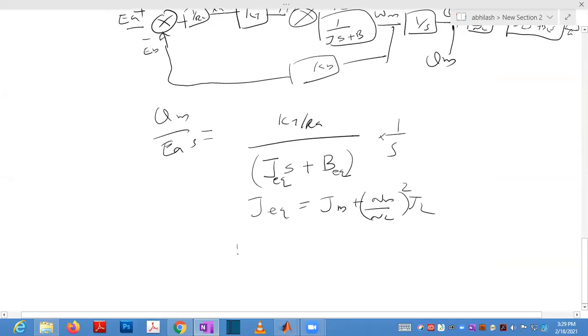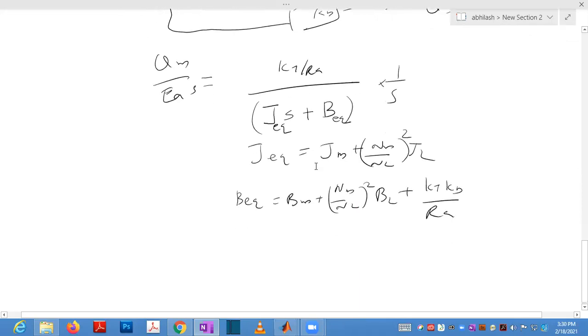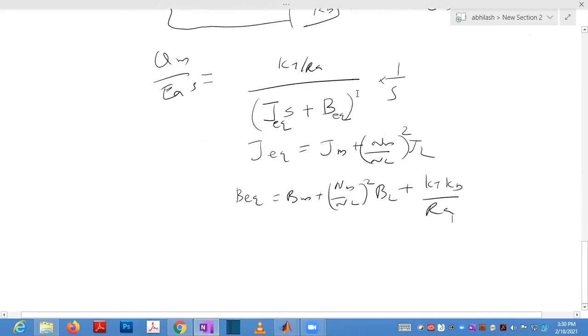And this B equivalent is equal to Bm plus Nm by NL the whole square into BL plus Kt Kb by Ra. This K is equal to Kt by Ra. You are getting like this? Yes, sir.